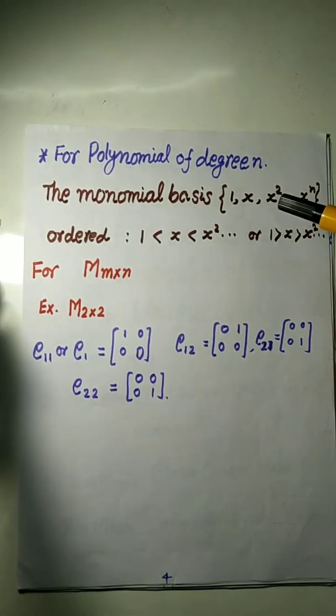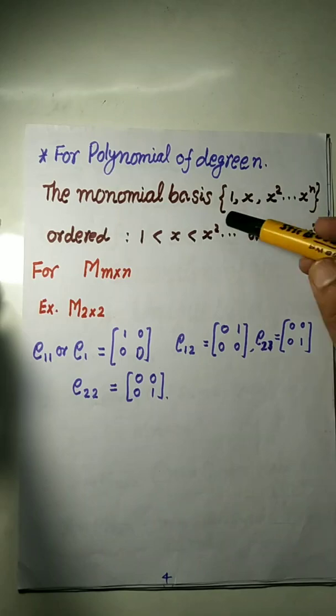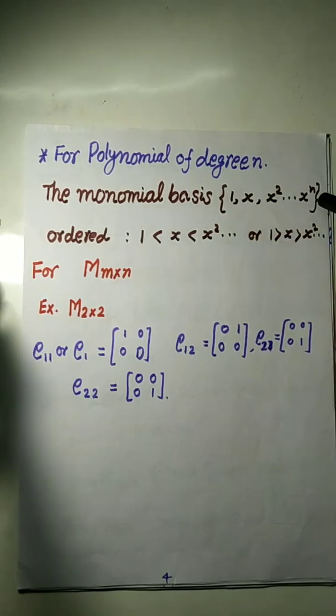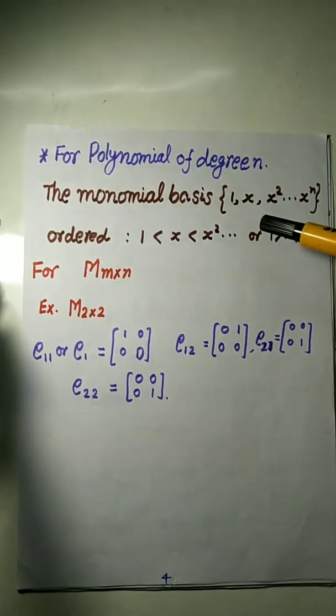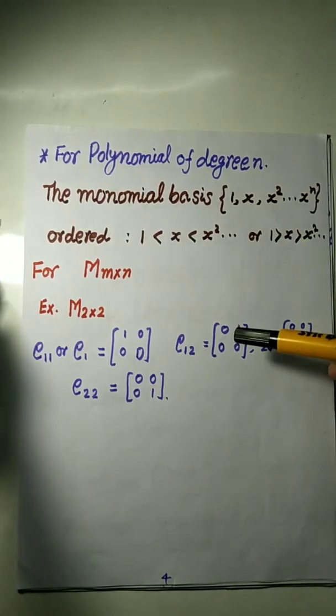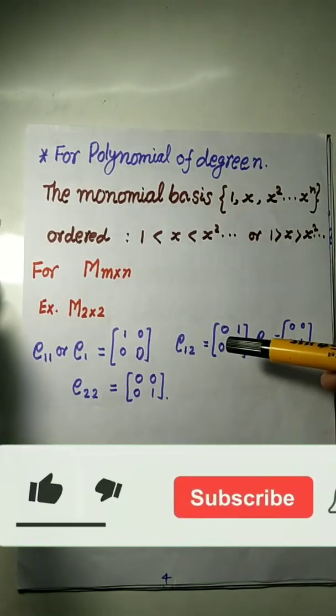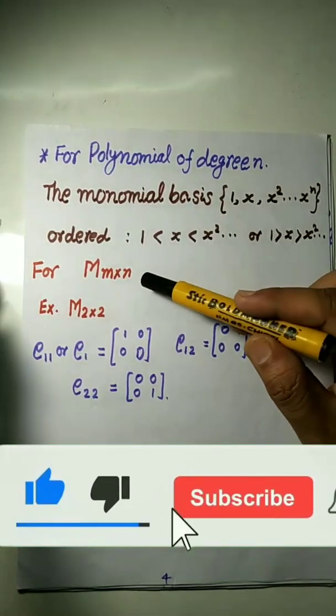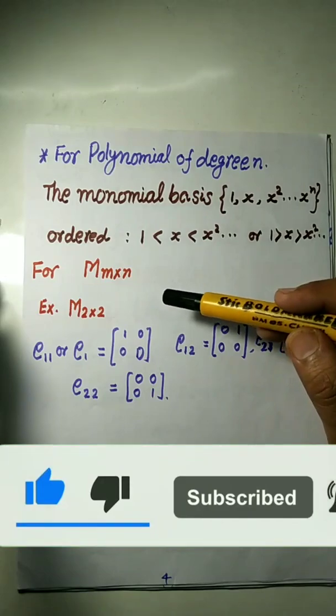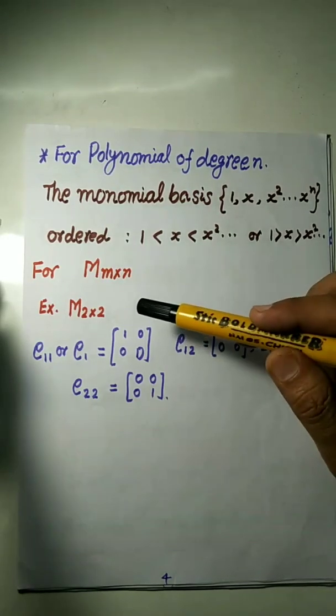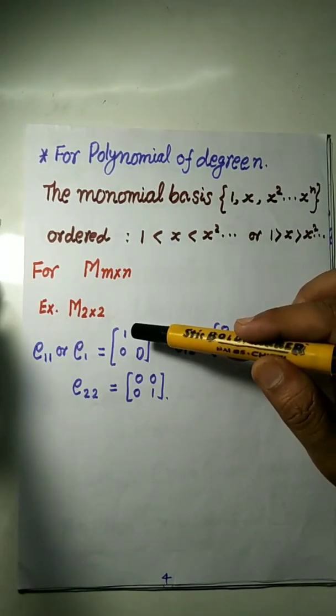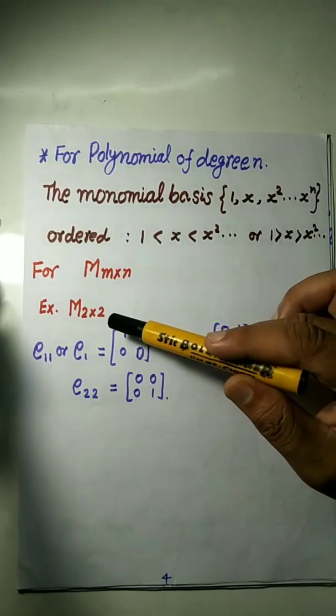For polynomials of degree n, the monomial basis will be this one. This basis will be written in increasing or decreasing order. We can say ordered basis. For matrices of order m by n, for example, we will consider here a matrix of order 2 by 2.